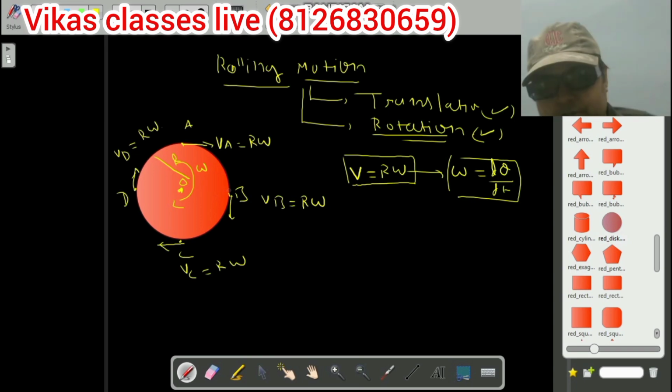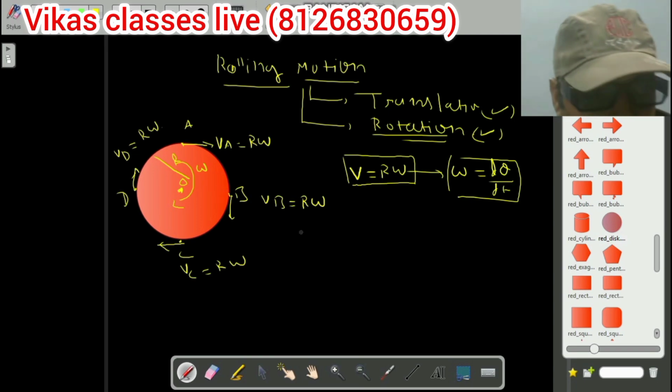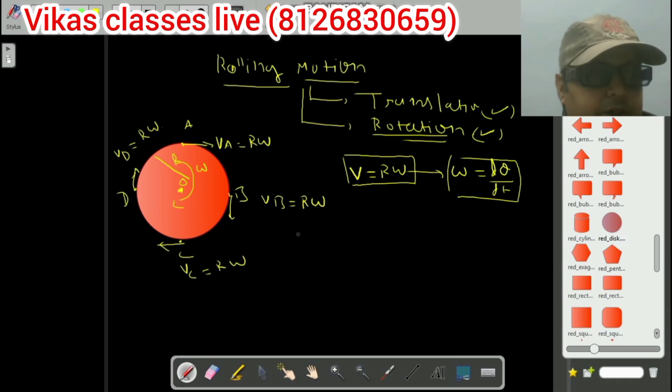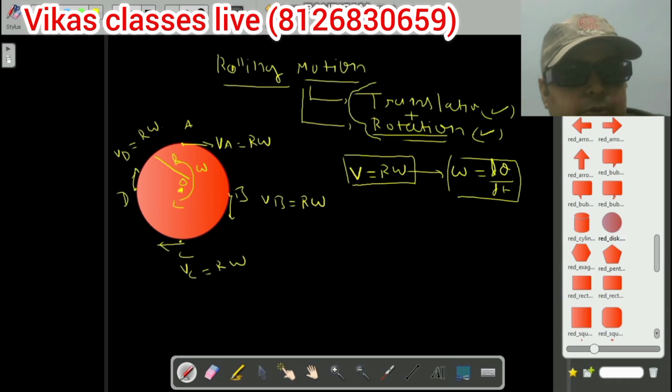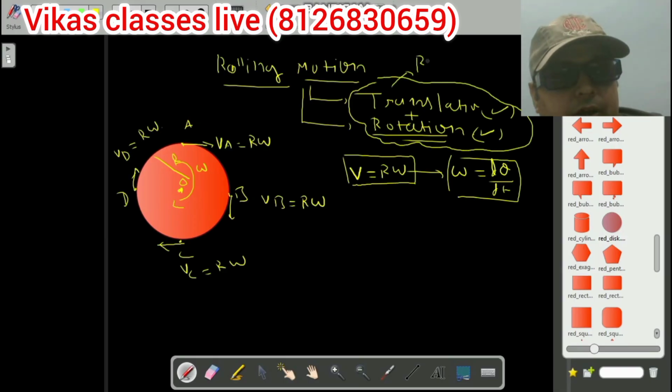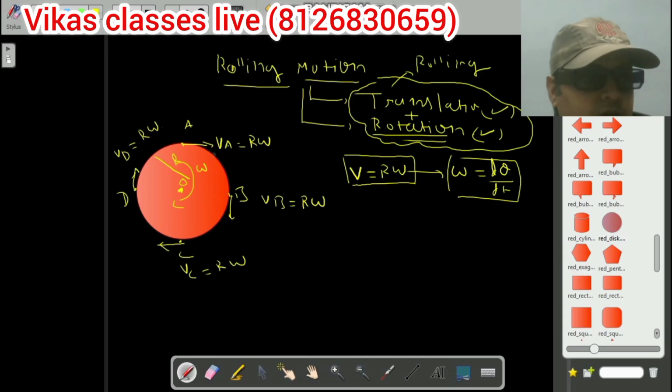Here we have different points on the circumference of the disc. In order to find the pure rolling condition, we have to combine these two motions. Obviously, the combination of these two motions will give rolling, or we can say pure rolling motion. As we know, in case of translation, it has velocity v0, and at point B, v0, which we have discussed earlier.